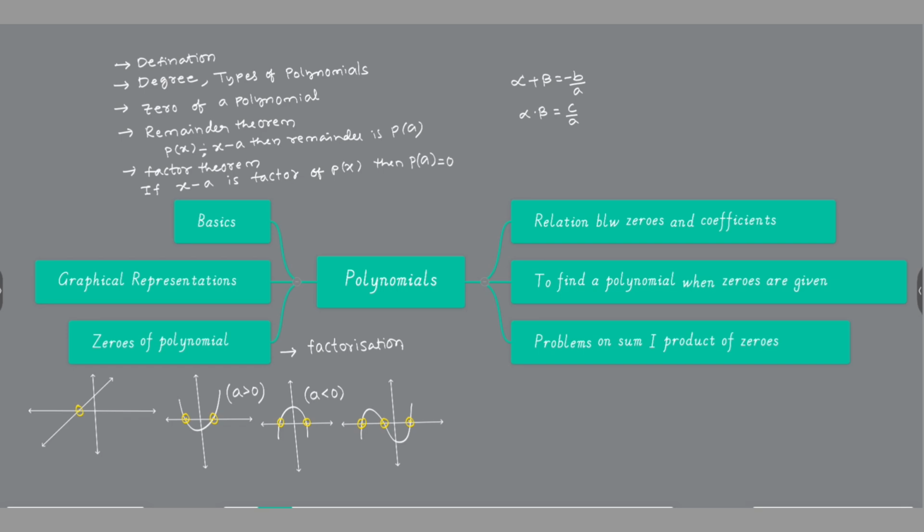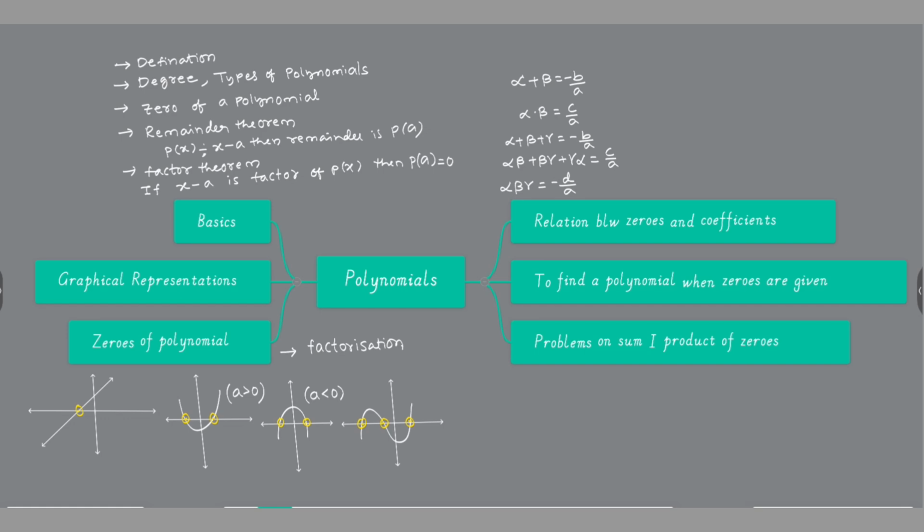Next, cubic polynomial also they may ask: alpha plus beta plus gamma is equal to minus b by a, alpha beta plus beta gamma plus gamma alpha is equal to c by a, alpha beta gamma is equal to minus d by a. So these are the relations between zeros and coefficients of a cubic polynomial.